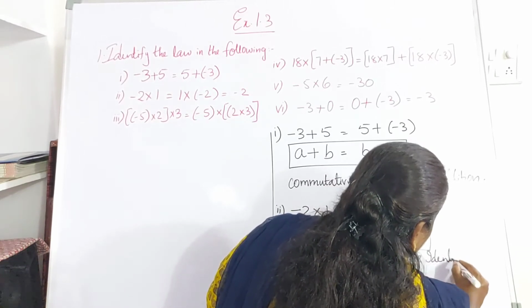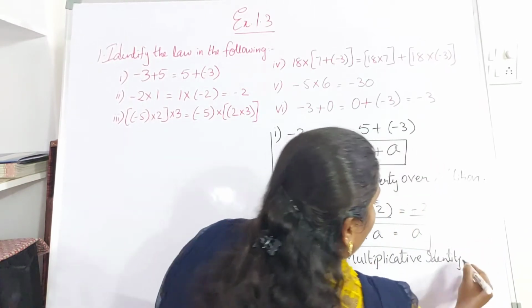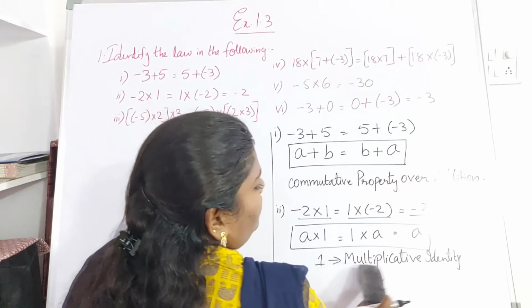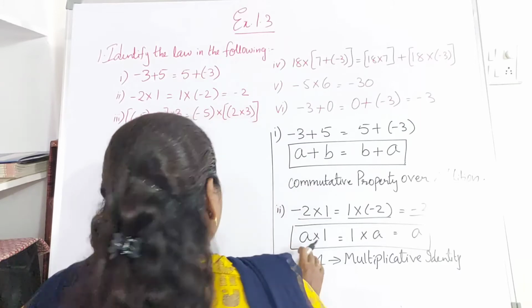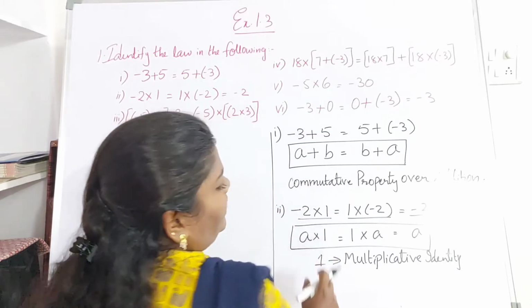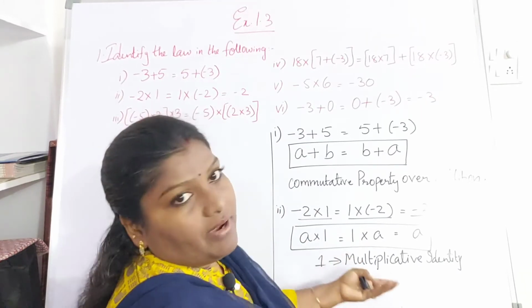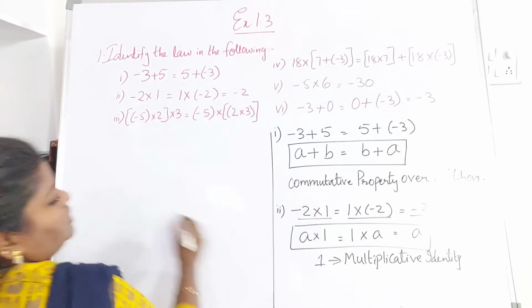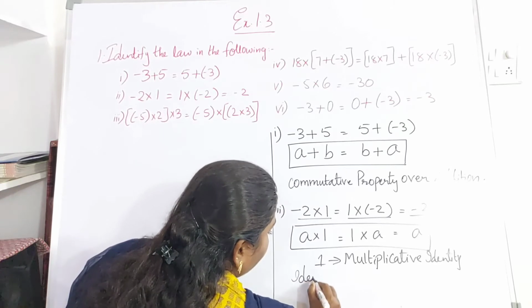So whenever we multiply any number with 1, we will get the same number. So that is the reason 1 is called multiplicative identity. So here this property is identity property, multiplicative identity. So the next one, so identity property.